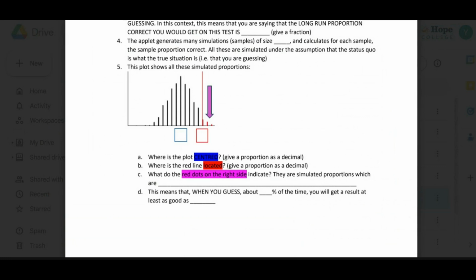A sample proportion. 70 out of 100. 70 out of 100. It is 0.07. No, just 0.7. It would, because you observed it. So 70 out of 100.